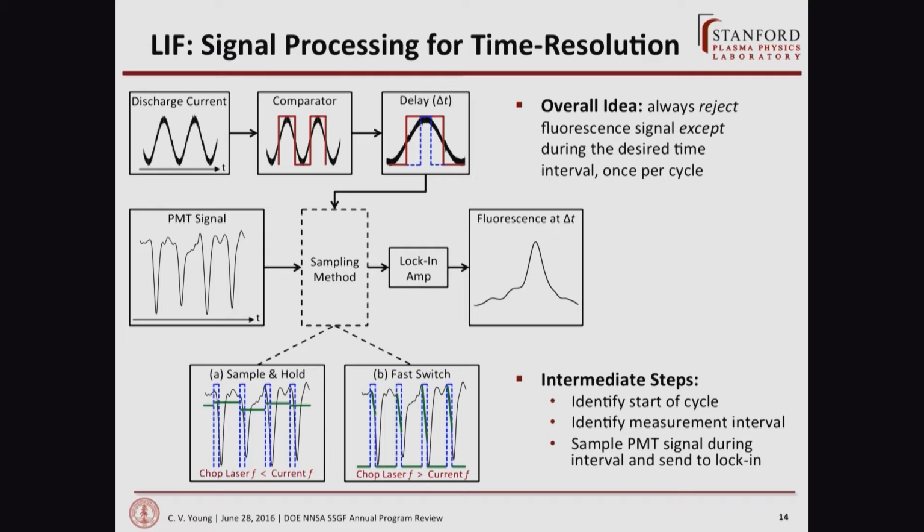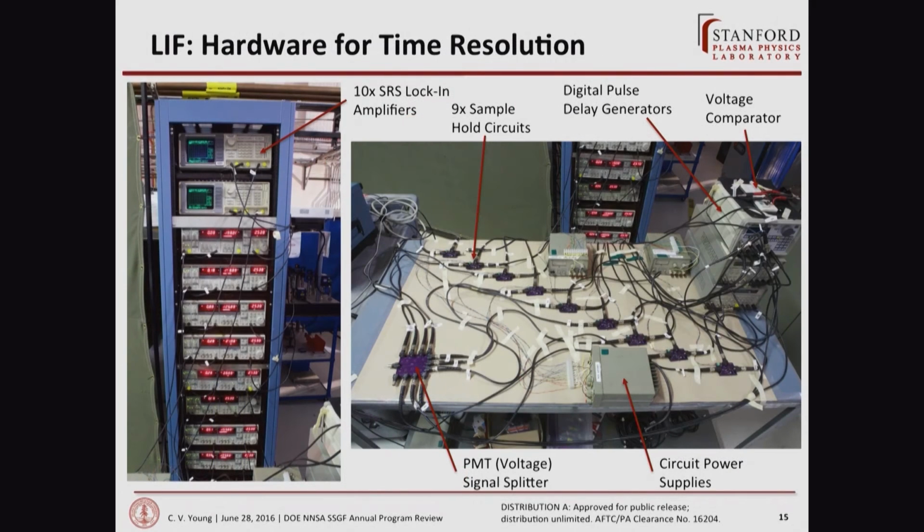Or the fast switching method, where we basically open a switch, let the fluorescent signal through during that target time interval, and then we just zero it out, and we have no signal outside of that. And both of these methods ended up yielding the same sort of results.